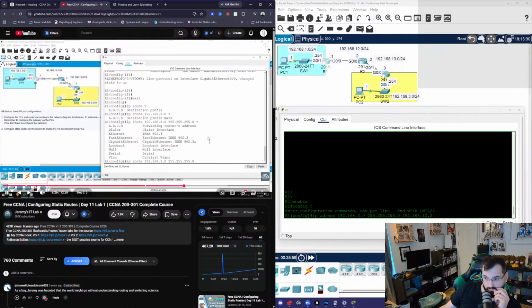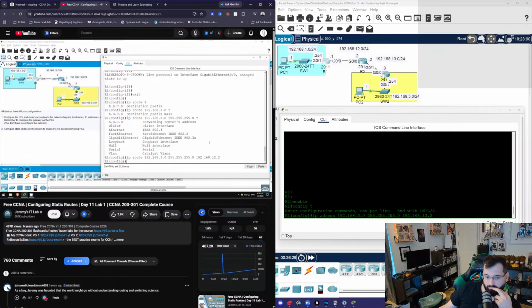So it doesn't have to be the next hop. It could be any of these things. The forwarding router's address, which is the next hop. The dialer, I don't know what that is. Something to do with Ethernet. Fast Ethernet, Gigabit Ethernet, loopback, null interface. Wow. I kind of know what some of those are.